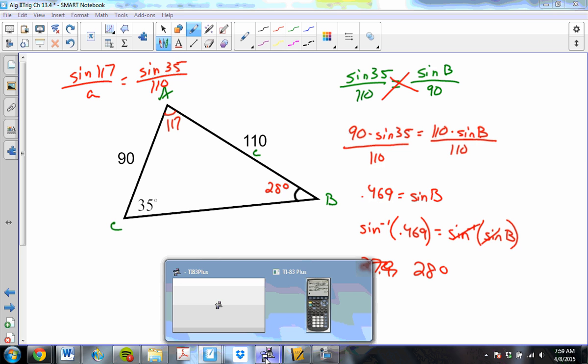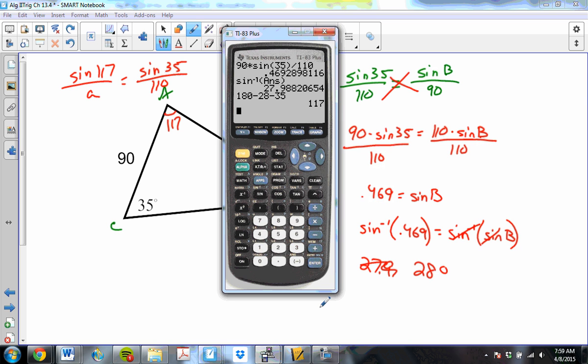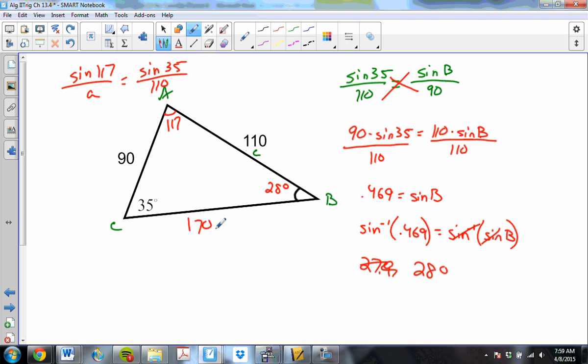At this point, hopefully that proportion pattern is coming back to you. I can just do sine 117 times 110 divided by sine 35. And that's 170.9.